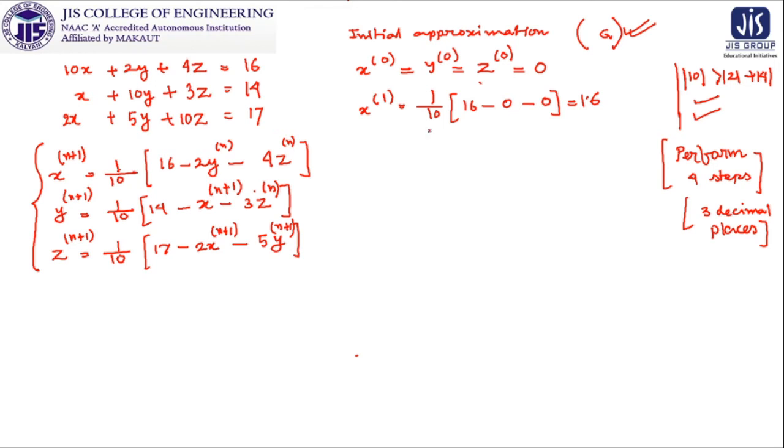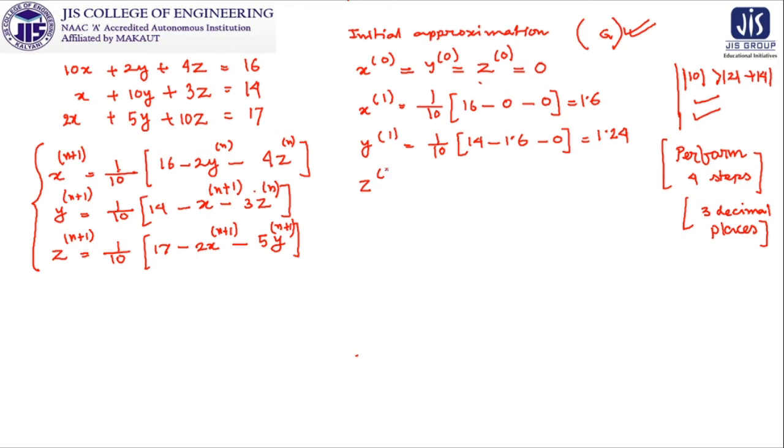Now we go to the next case, putting n equal to 0 in the next line. We get y1 is equal to 1 by 10 times (14 minus x n plus 1, that is x1. Already x1 is calculated, so it will be 1.6, minus 3z0, that is 0). So 14 minus 1.6, we get 12.4 divided by 10, that is 1.24.